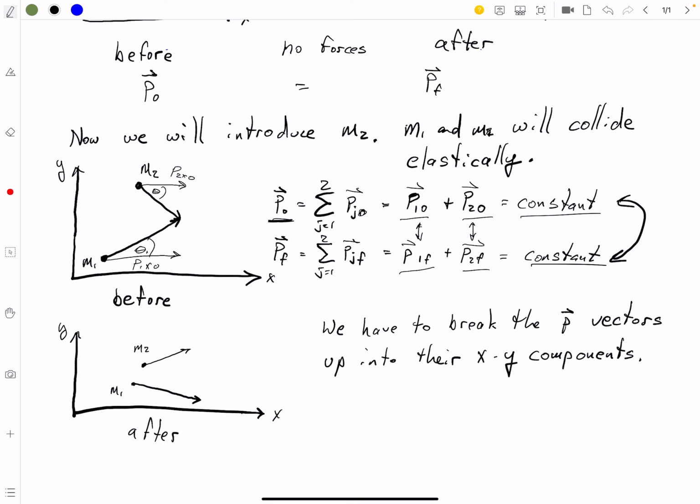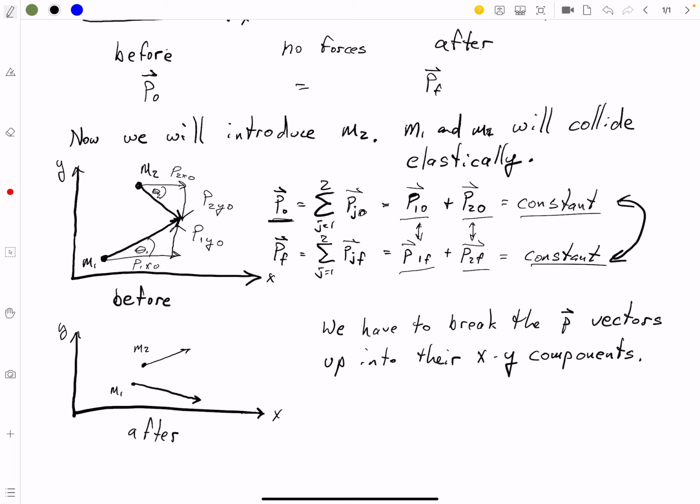Theta 1 and theta 2. And then we're going to have our PY, which I want to write in the same way: P1Y initial, and this guy is P2Y initial. Okay.